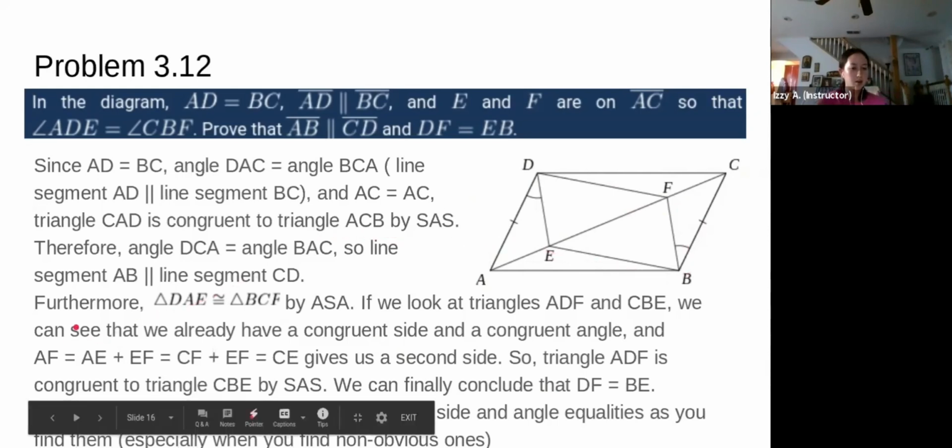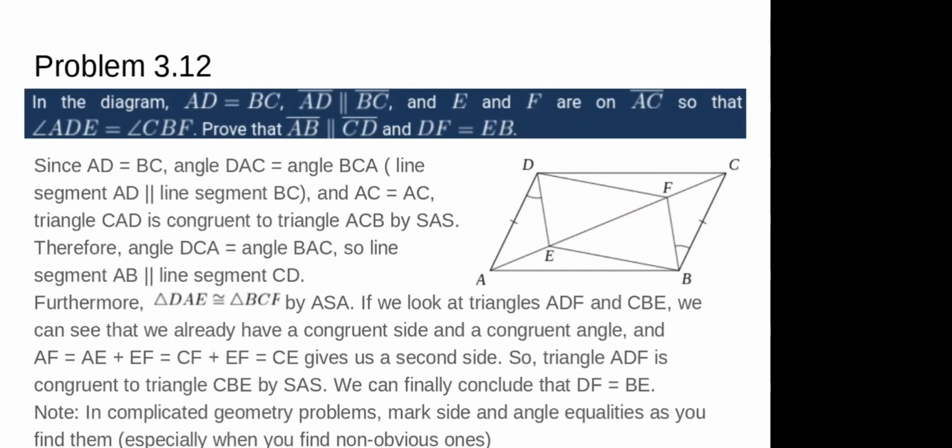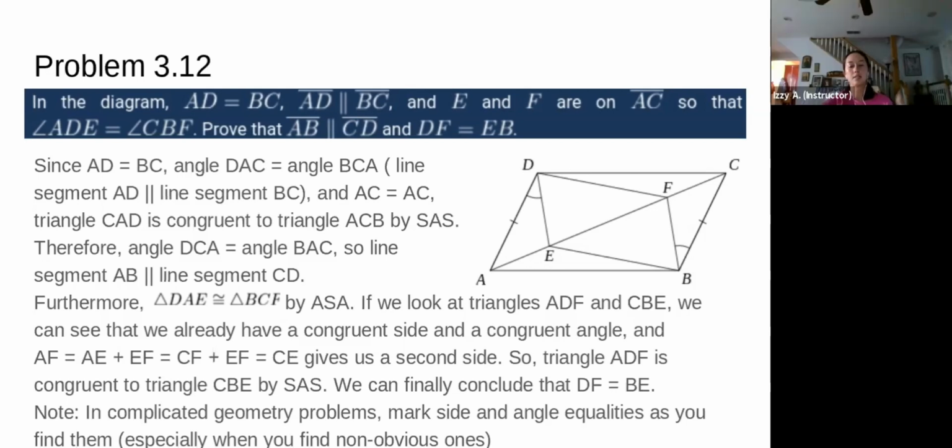And here's a side note. In complicated geometry problems, I would recommend marking the side and angle equalities as you find them so that your life gets a little bit easier and you don't have to retrace your logic, but instead you can see that, oh, okay, these sides and these angles are congruent, so then these triangles are congruent, and et cetera, et cetera.